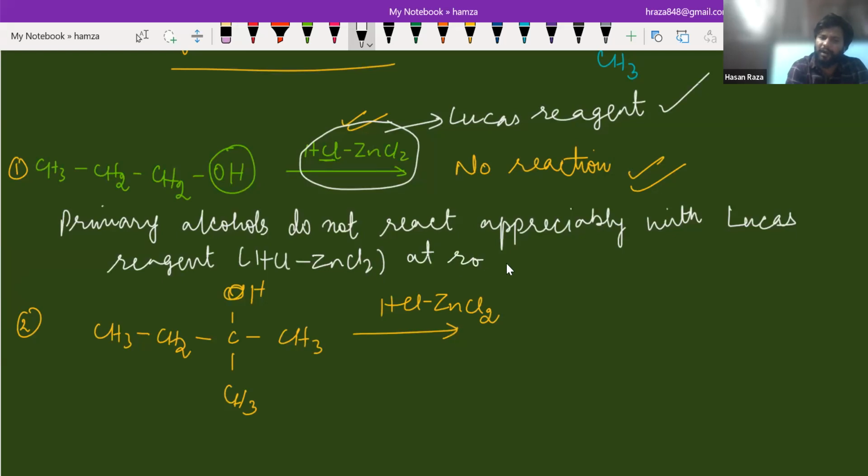If you raise the temperature, the reaction will take place, but at room temperature, primary alcohols do not react. But tertiary and secondary can, tertiary faster. So what you need to do is just replace this OH with chlorine, and you will get your answer. We have studied this in the previous chapter.